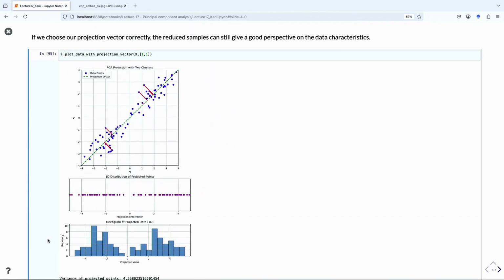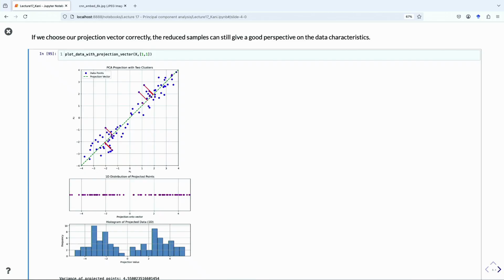We want to be able to reduce the number of dimensions, and in order to do that, we need to choose a vector or a matrix that, when you project the data onto it, you preserve as much characteristic information about the data set as possible.